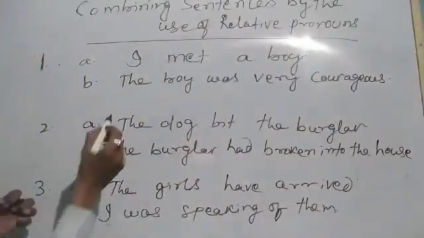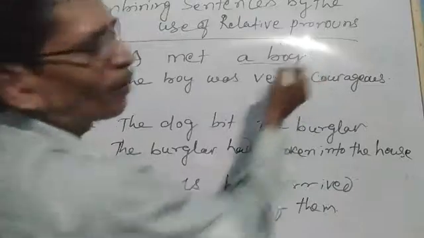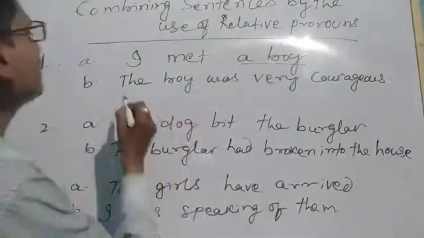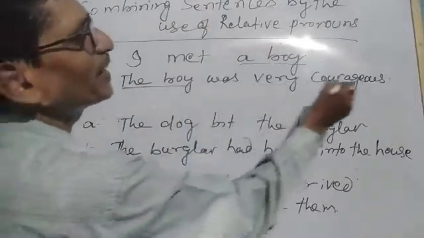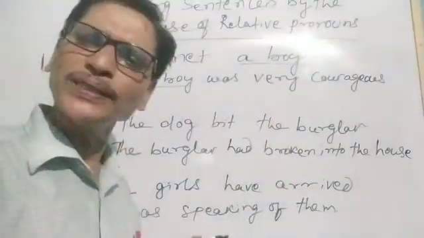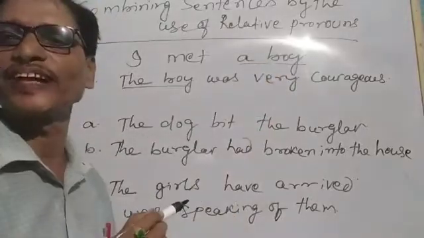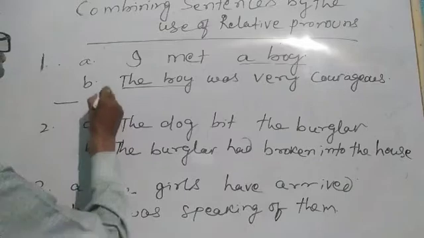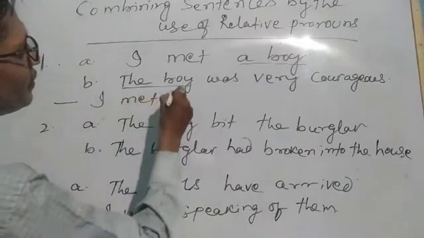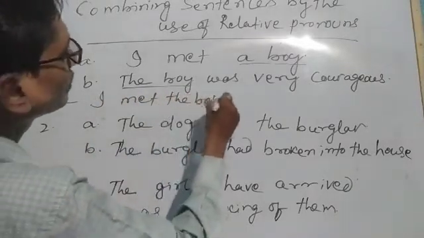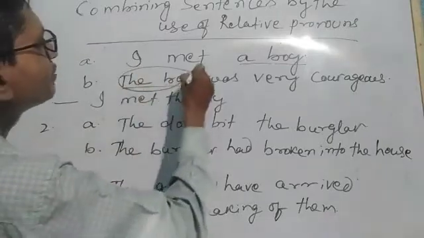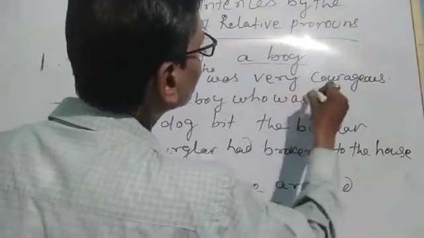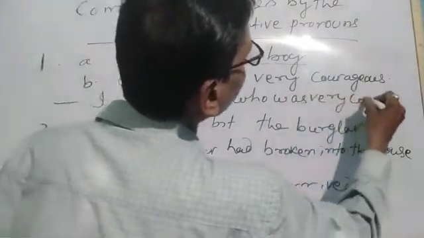You see, in the first sentence, I met a boy. The boy is a person. Similarly, the boy was very courageous. Who is very courageous? The boy. How can we combine this? We can combine: I met the boy, here the boy means who, was very courageous.